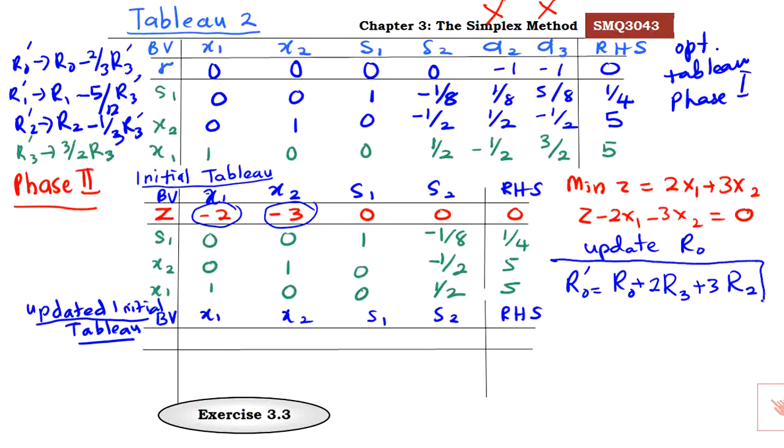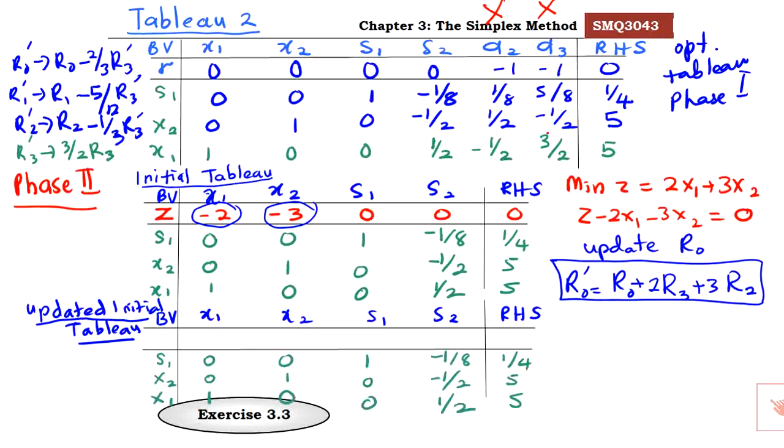So we use this formula to update this tableau. So row 0 for the updated initial tableau will be z, 0, 0, 0, -1 over 2, and 25 for the right hand side.